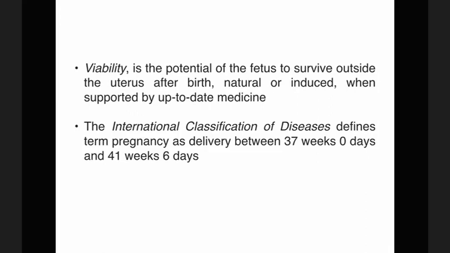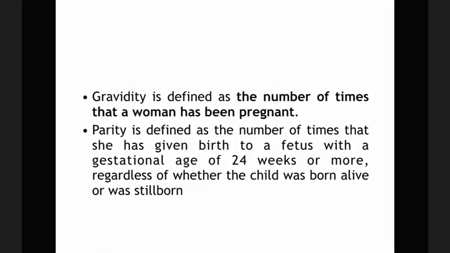The term means it's a range, not only 37 weeks, but 37 weeks to 42 weeks. That is the time in which we call it term. Less than that, preterm. After 42 weeks, you call it post-term baby. These terms you should know: viability, term, post-term, preterm.